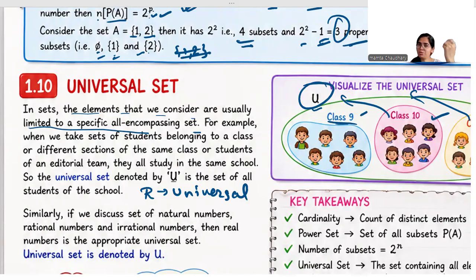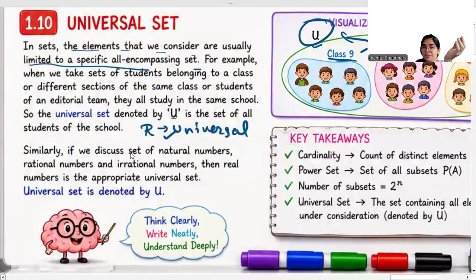It means natural numbers come here. All the whole numbers are there, real numbers. So in this universal set, natural numbers, whole numbers, rational, decimal, fraction, irrational, all types of numbers come. So all those are its subsets. So here R is the bigger set, called the universal set.